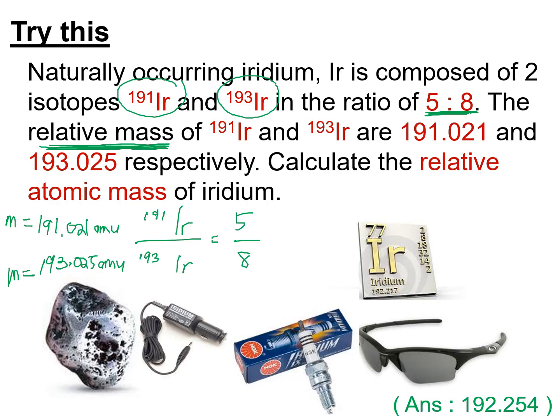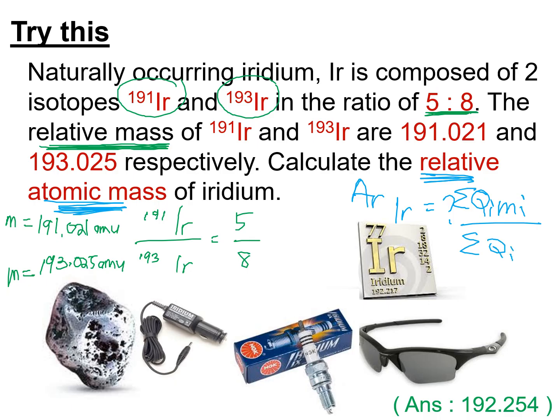Dia suruh kamu calculate the relative atomic mass of iridium. So dia nak Ar for iridium. So again, you boleh guna summation of KiMi. Okay. Tapi make sure you kena tahu kalau relative atomic mass dia ada unit.